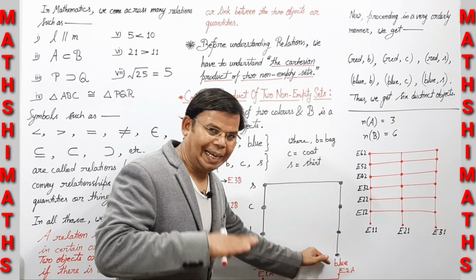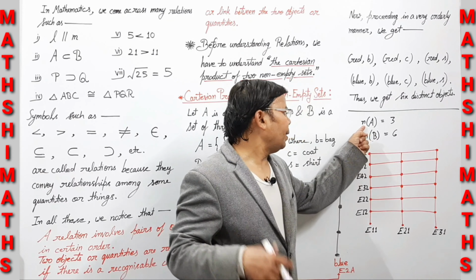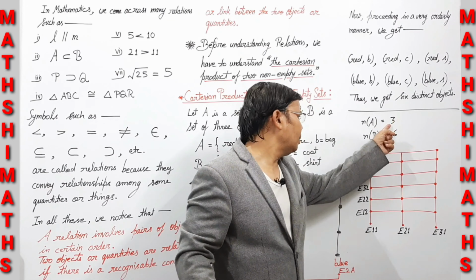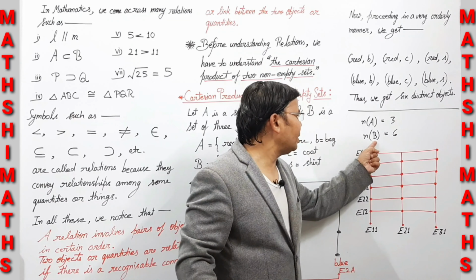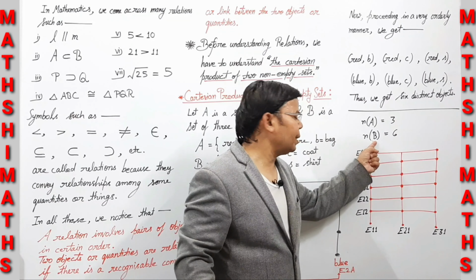Suppose you have two sets and the number of elements in set A is 3 and the number of elements in set B is 6. Then with the help of this ray diagram, you will represent the elements of set A and set B like this.